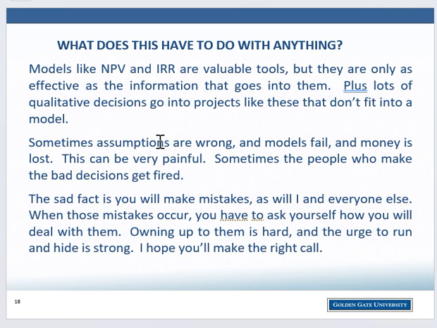And some assumptions may be wrong, and that's when the models fail. So you need to be very careful about not only the model assumptions, but also about the qualitative thinking, not only the quantitative thinking, but the qualitative thinking that will go into this process as well.